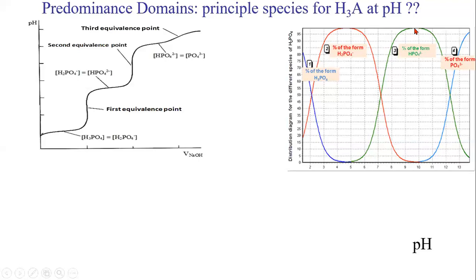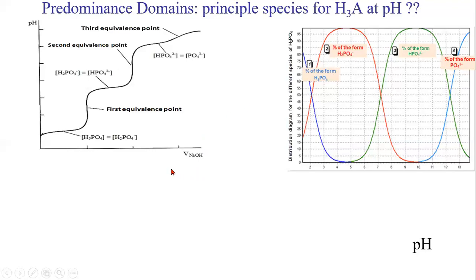Then the third piece of the graph starts to tick in, and my HPO4 2 minus, at higher pH as I add OH minus, starts to become PO4 3 minus. Of course, there's an area at pKa3 where both of these species are equal to each other. And then at the end, my HPO4 2 minus pretty much hits rock bottom, and the PO4 3 minus is at its maximum value, okay? And it never reaches 100% really.